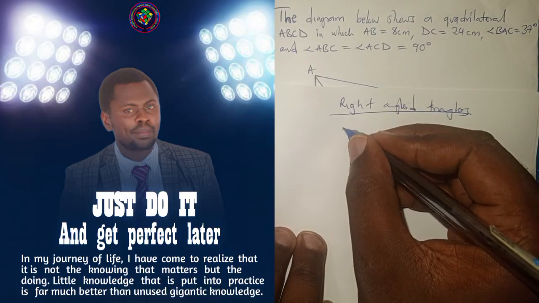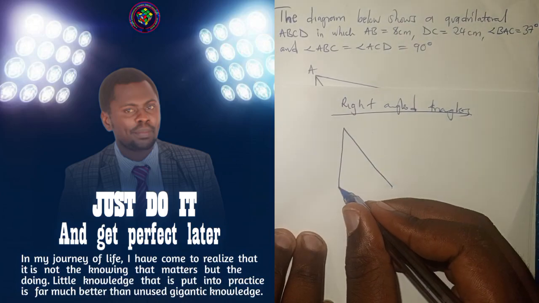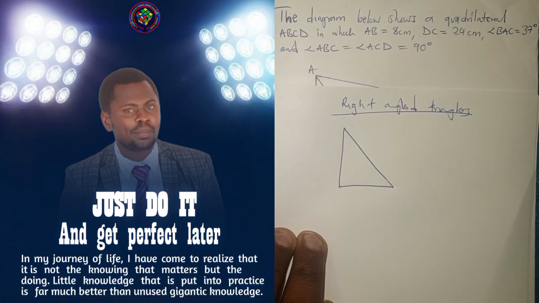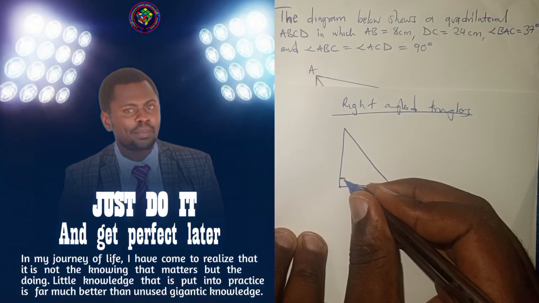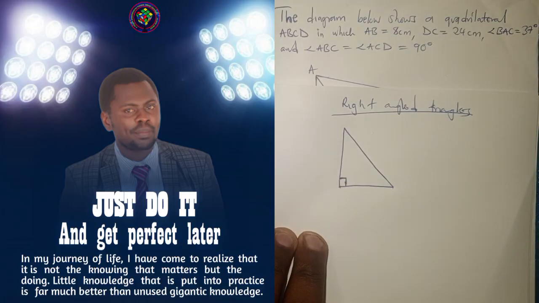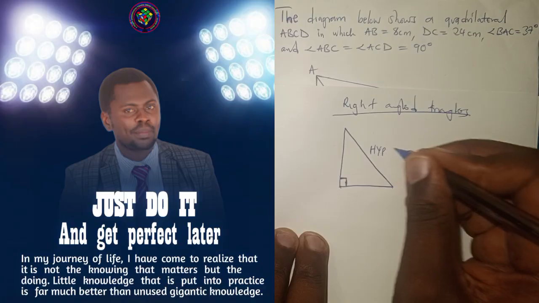degrees. So it is written in this form. This is an example of a right-angled triangle. We have a 90 degrees this side. What we should remember is that the side which is opposite to 90 degrees is called hypotenuse.